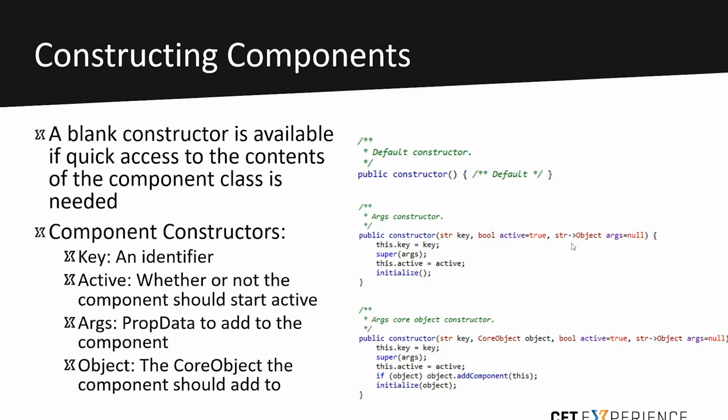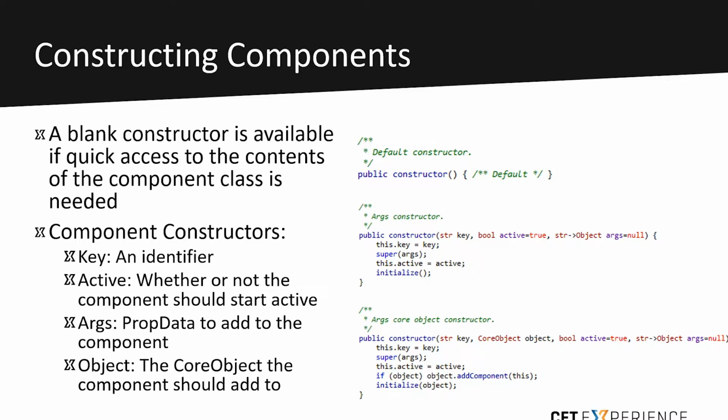The third constructor uses the same three arguments, and then it also adds a fourth one called object. Object is the core object the component should be added to. So if you know ahead of time that you're constructing this component and you want it to go on this core object, you can simply pass in the core object and it will add it for you.